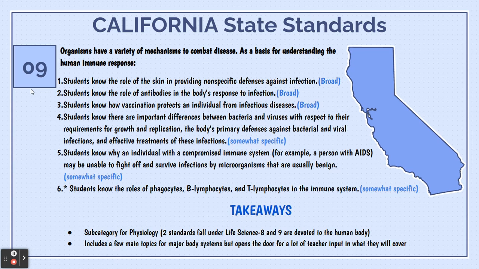Antibodies, fighting infection, vaccines, bacteria and viruses, immune system. And then number 6, they do get specific on which white blood cells you need to talk about, but there's a lot of body systems not covered. So they clearly do not have very specific state standards for human anatomy.